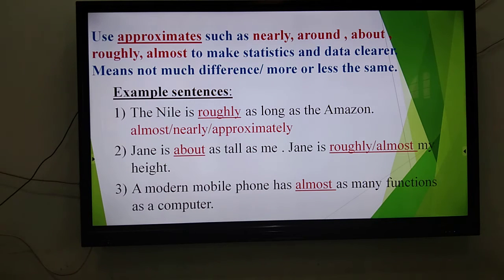A modern mobile phone has almost as many functions as a computer. That means they are roughly the same, maybe a few functions less or more. So these are approximates, or words to show that there is not much difference in whatever we are talking about.